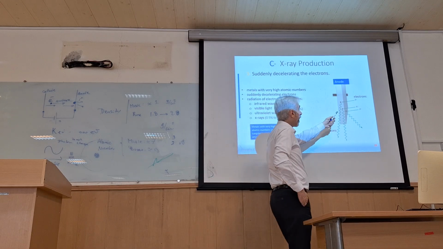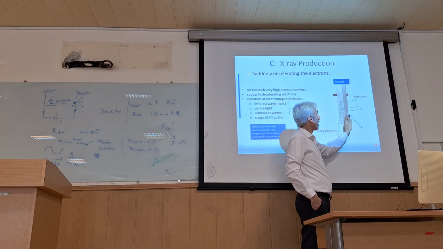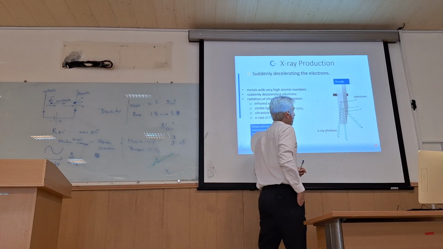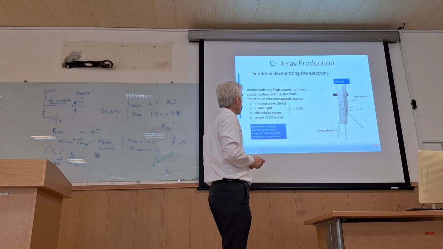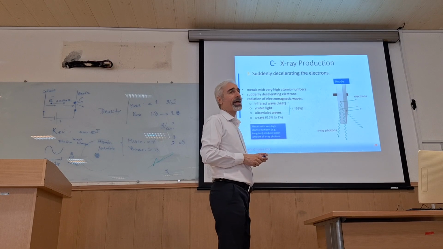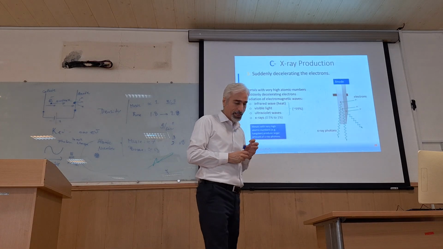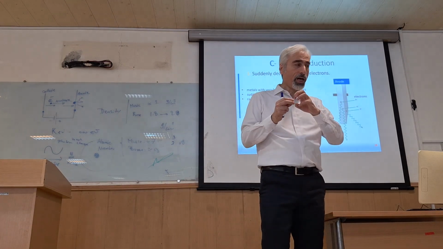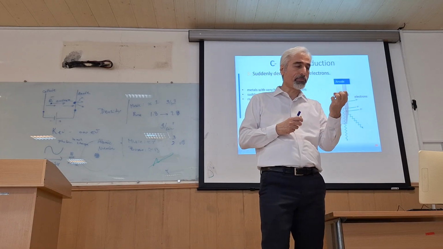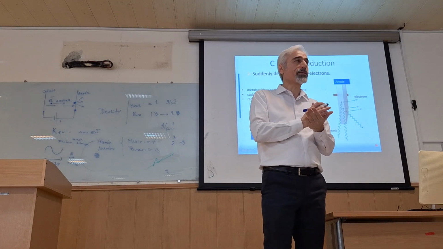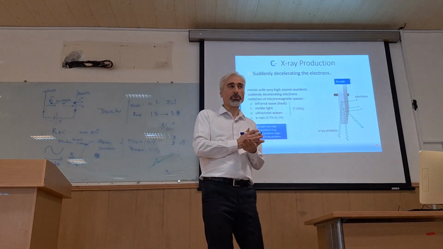When the high energy electrons hit the anode surface, what happens? The energy is converted to electromagnetic waves. Most of the time, when a very high speed material suddenly stops, electromagnetic waves are generated.